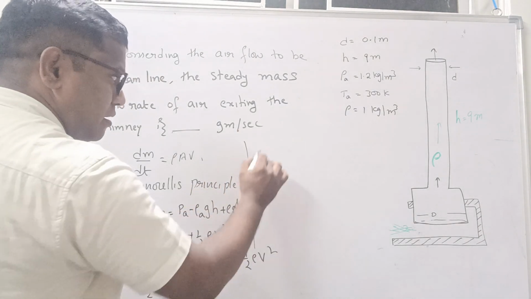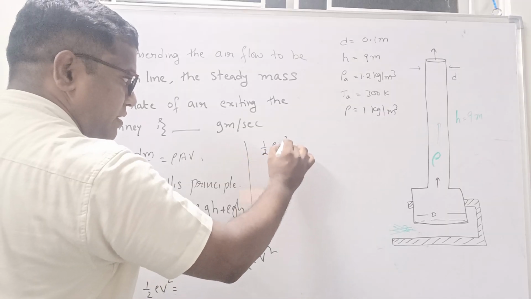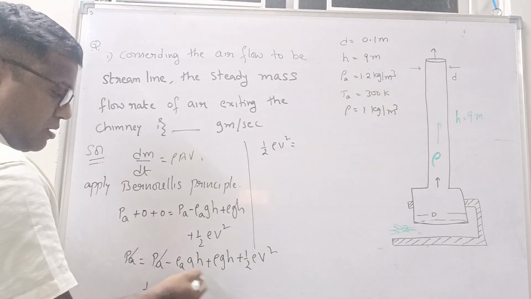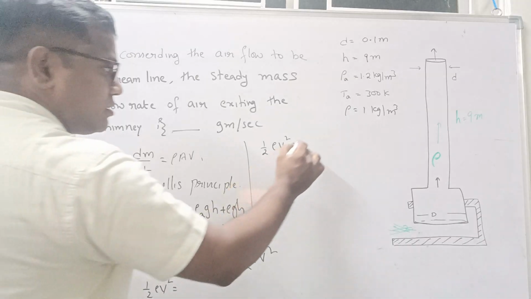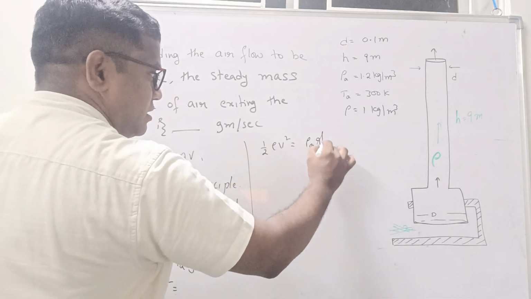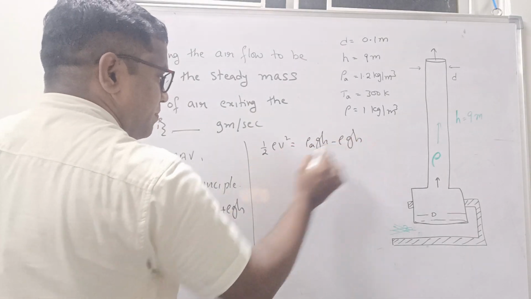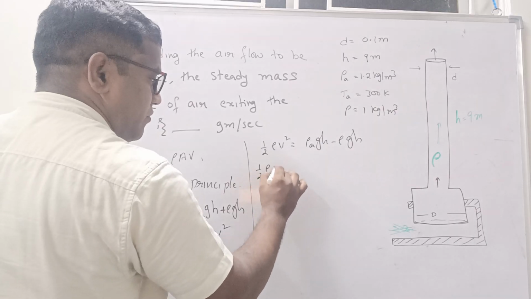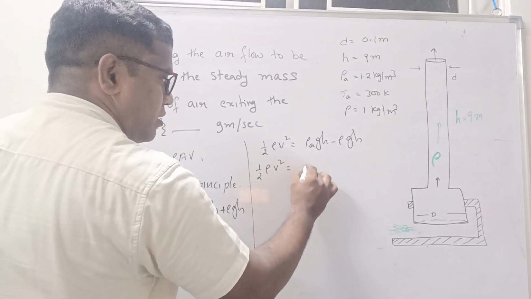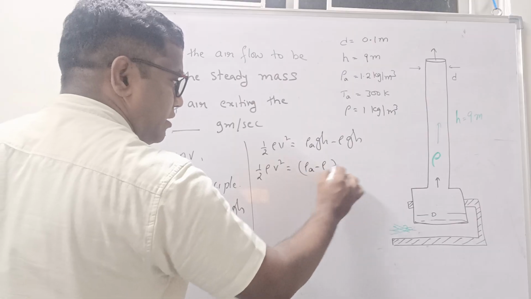Try to understand. Half rho V square can be written as, this becomes plus and this becomes minus, so it is rho A GH minus rho GH. So half rho V square can be written as rho A minus rho into GH.